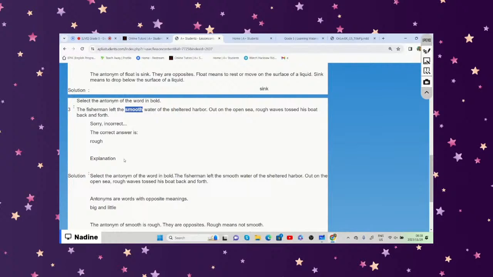So if we look in the next sentence, remember we need to find our opposite in meaning here in the next sentence. It says, out on the open sea, rough waves tossed his boat back and forth. So we need to find the opposite of smooth.